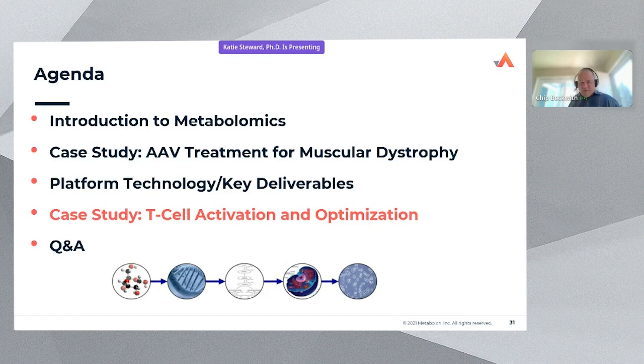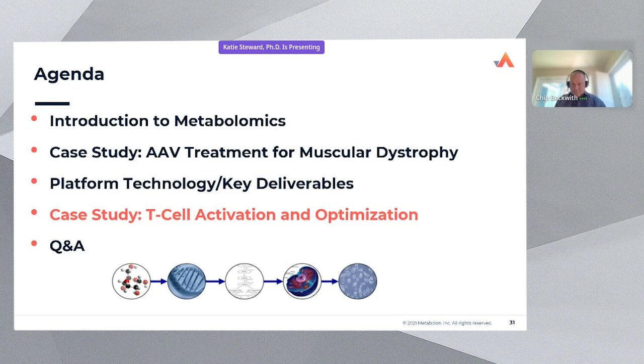Nice. Another one popped up. How do you deal with ongoing studies where samples are collected longitudinally? How do you deal with batch effects? Yeah, so for batch effects, we do have different ways of normalizing and bridging data. So if you want to bridge two different projects together, let's say you have samples ready to go right now, and then you're going to have samples that are in alignment with the same hypotheses in the same study, maybe 6 months or a year from now, and you want to be able to combine those studies, we certainly have that capability.